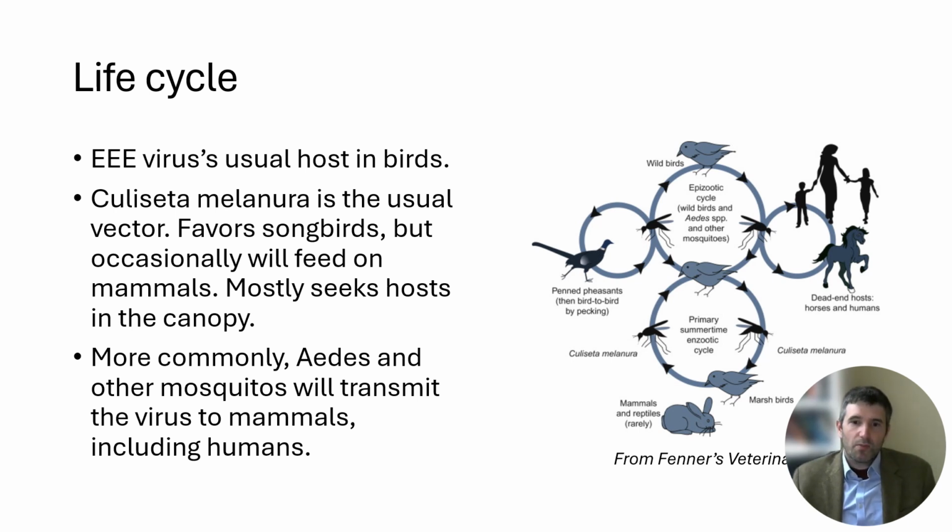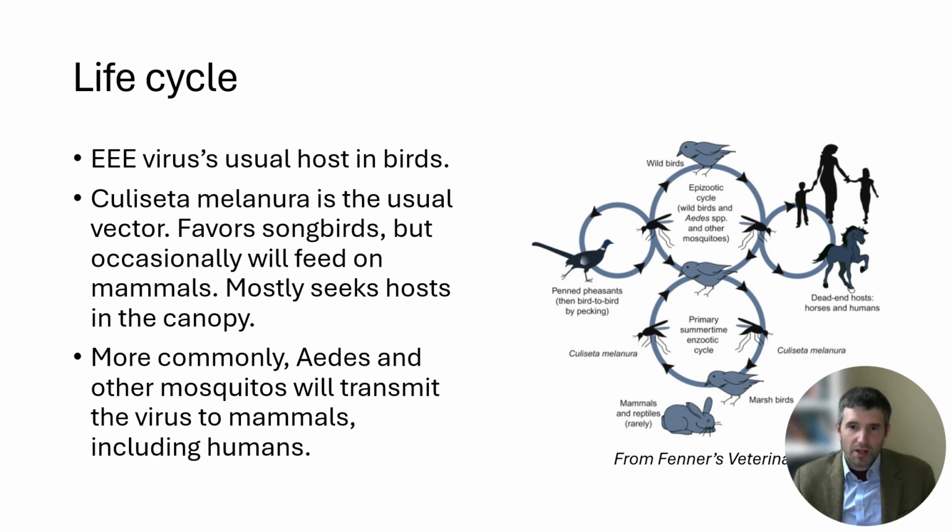And so more commonly people will get this virus from mosquitoes that typically feed on people, like the Aedes mosquito. That mosquito will feed on an infected songbird and then feed on a person and transmit the virus that way.